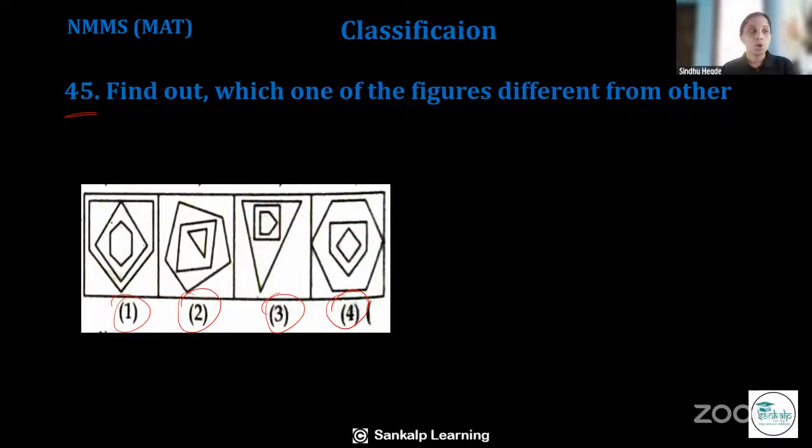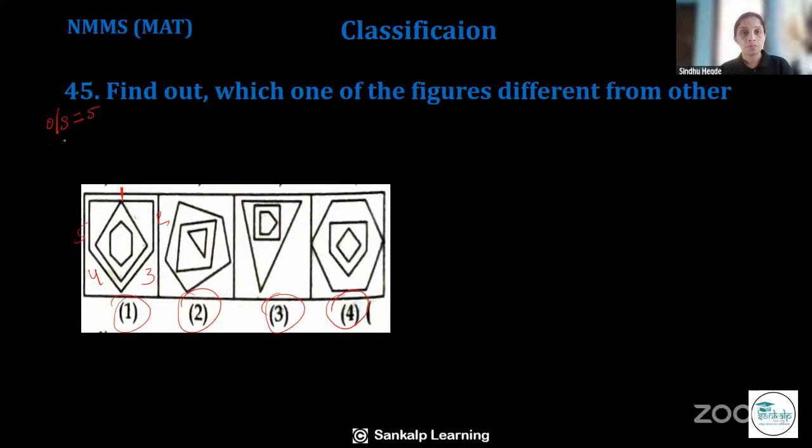So count their sides. Start with image 1. Outside it is 1, 2, 3, 4 and 5. The outside shape is made up of 5 sides. We consider this as the middle one.